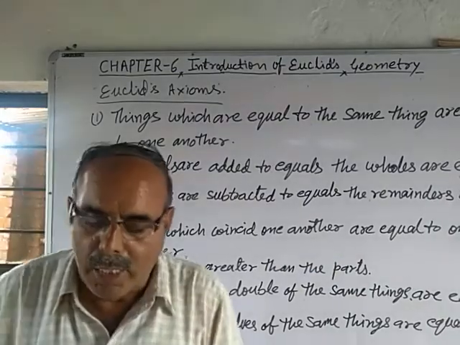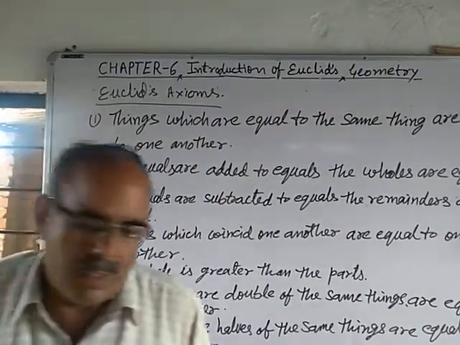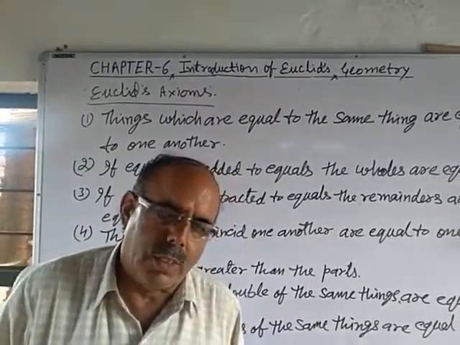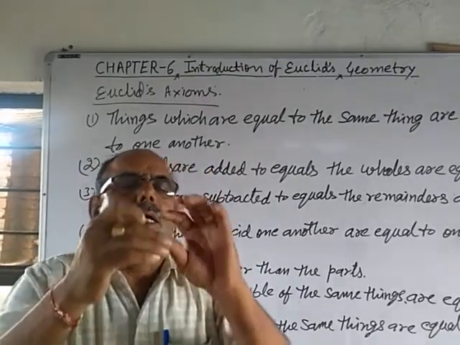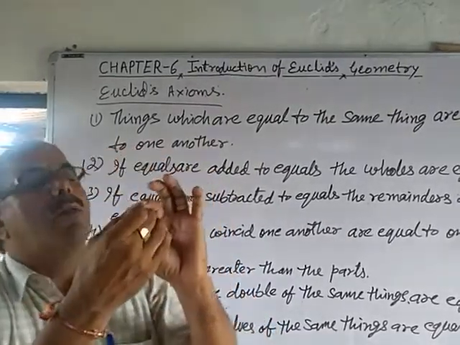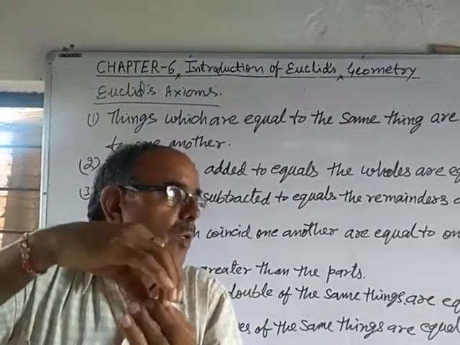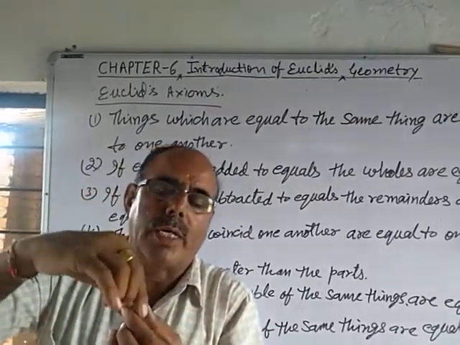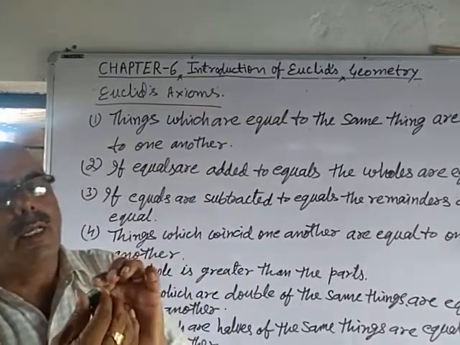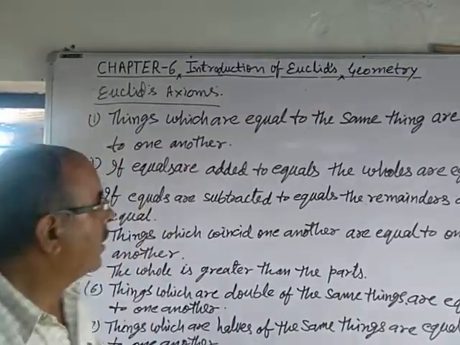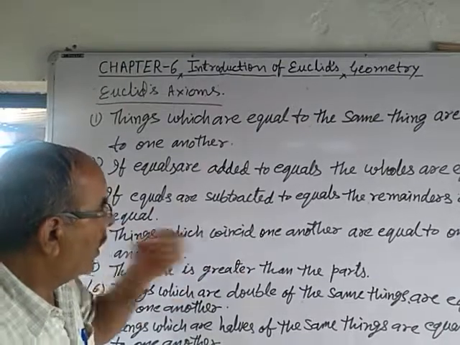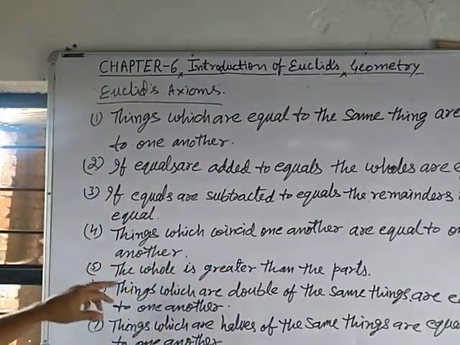Things which coincide with one another are equal to one another. If we take two coins and put one on the second, and they coincide, then they are equal to one another.